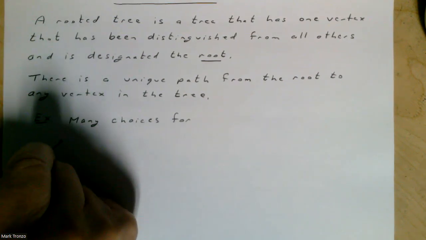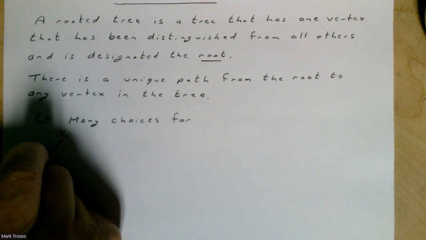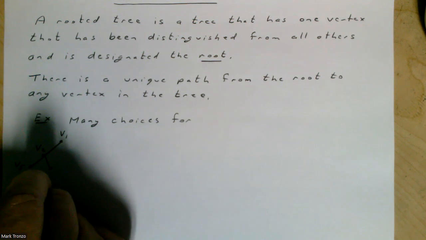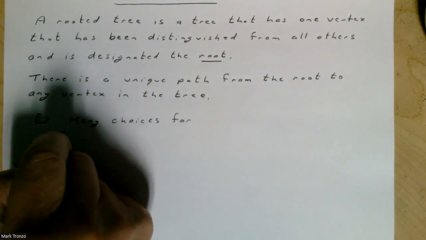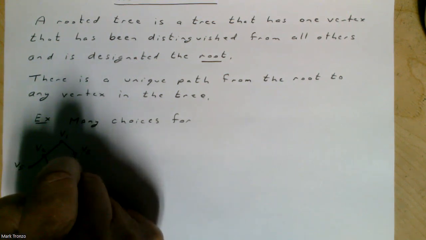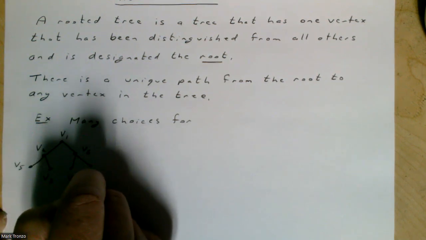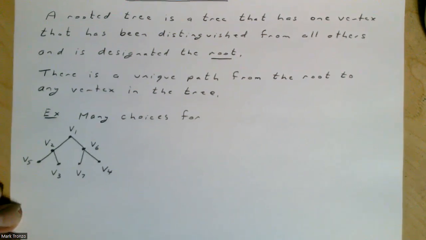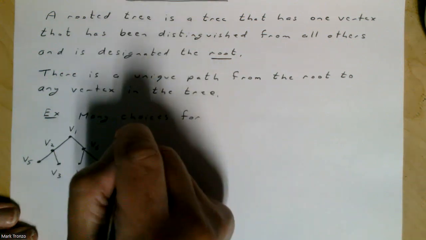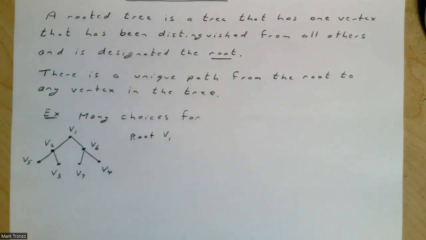So let's say you have a graph something like this. Usually you'll put your root at the top here. So let's say the root, we're going to call it V1. We're going to designate V1 to be the root.